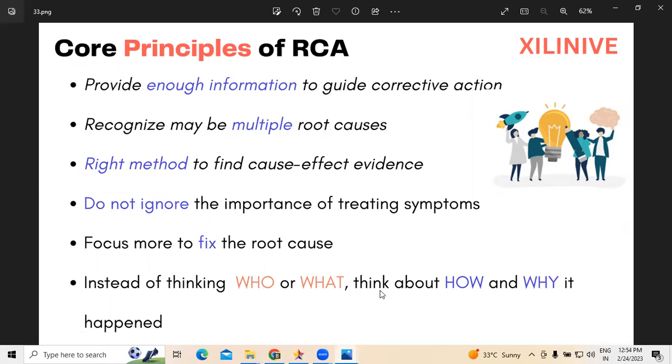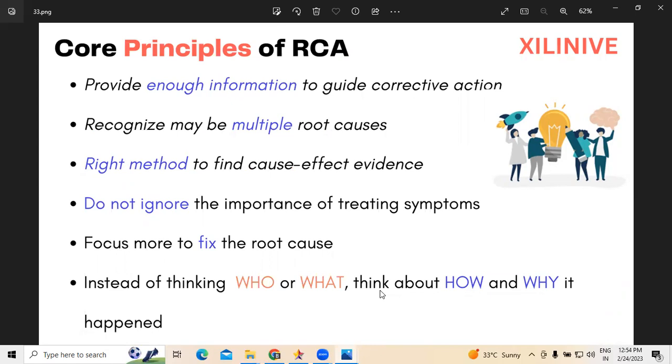Along with that, one more principle is to understand the right method to find cause-effect evidence. Followed by this, we should not ignore the importance of treating symptoms, even if they are temporary in context. Along with that, we need to focus more on fixing the root causes.